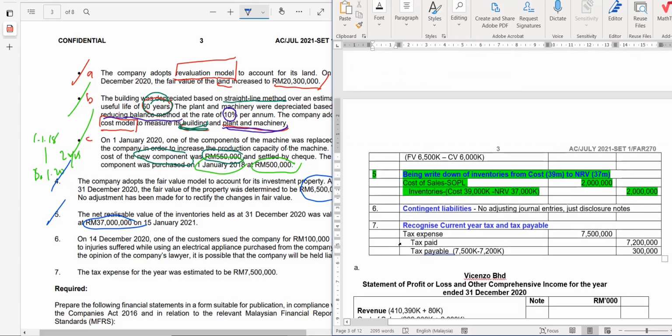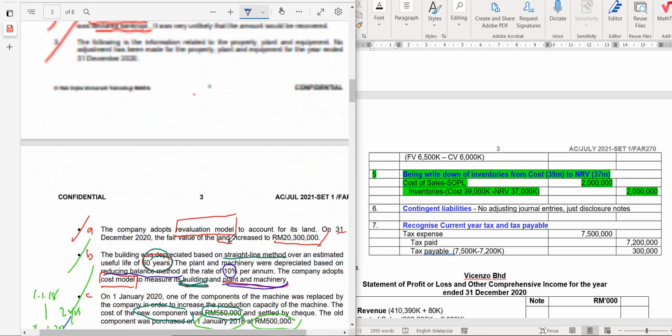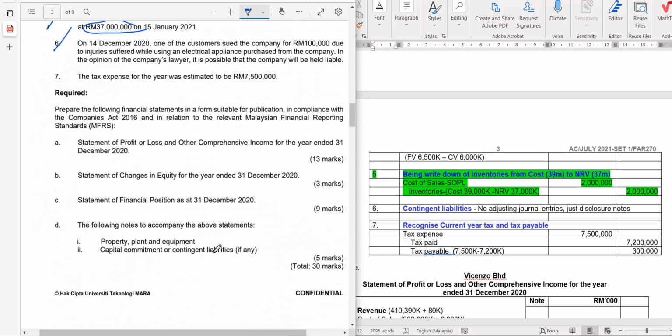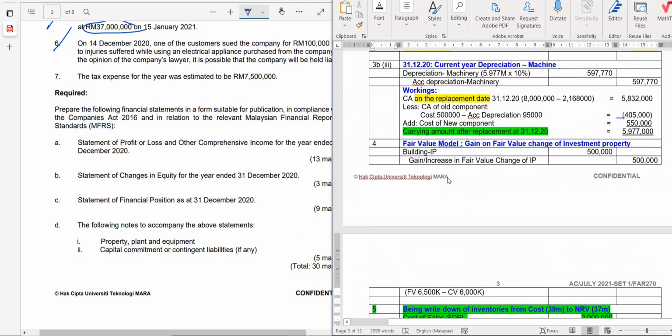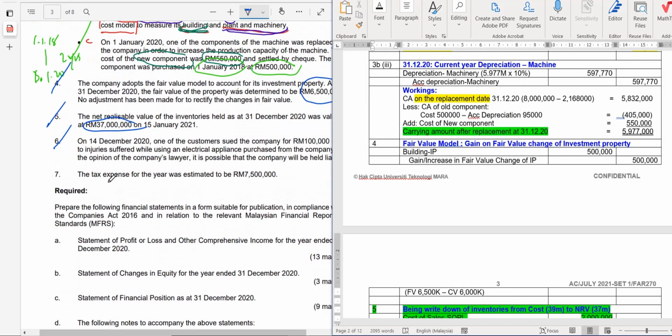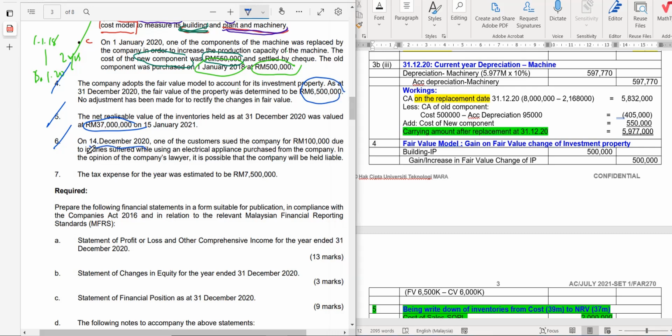Next would be the next item. Let's see the next item. So the next item is on contingent liabilities under MFRS 137, sorry, 14th of December. The customer sued the company, so there is somehow a legal liability.